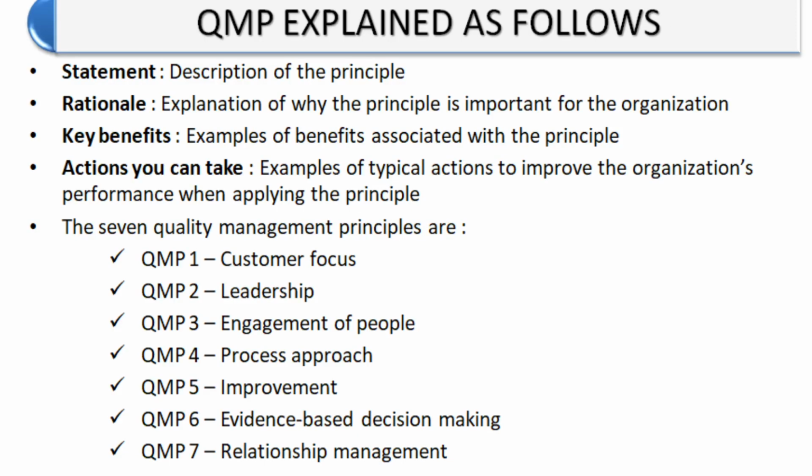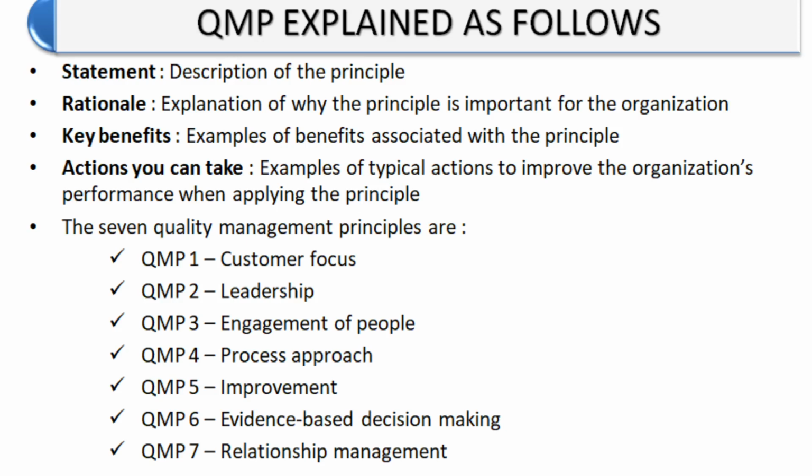So the quality management principles we are going to explain in this fashion. Firstly, we are going to see the statement, that is the description of the principle. Second thing we are going to see, that is rationale. It is nothing but the explanation of why this principle is important for the organization.